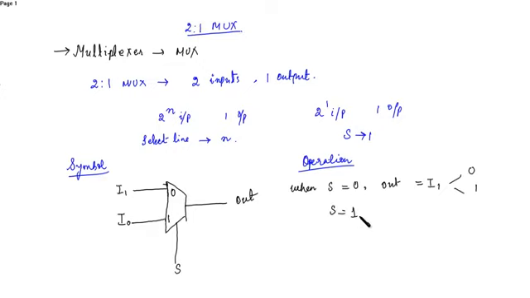When S is equal to 1, then the output will be equal to I0. The value of I0 may again be 0 or 1.